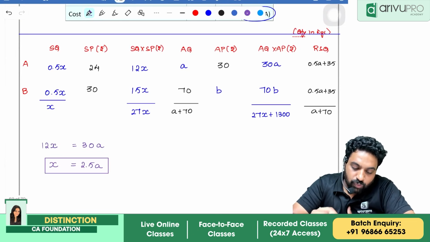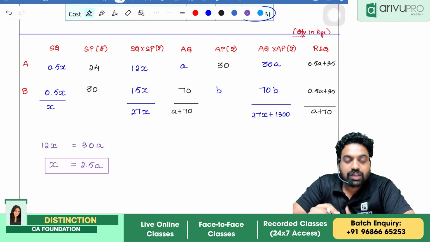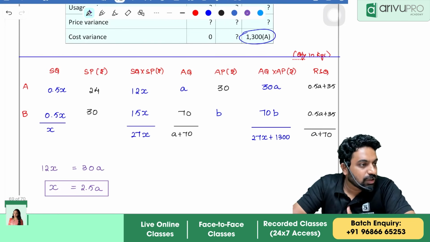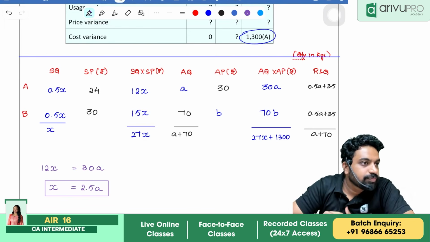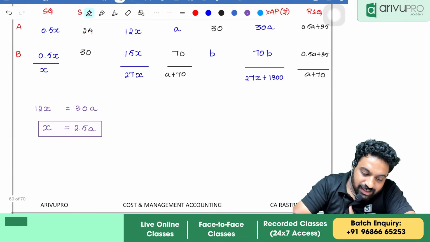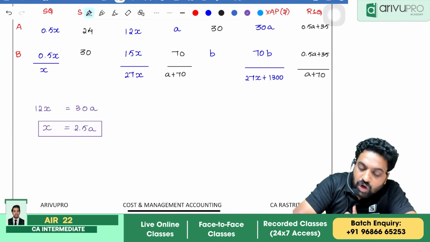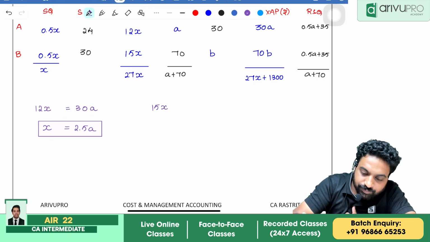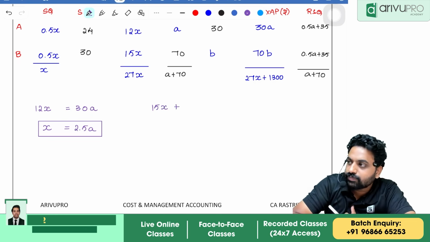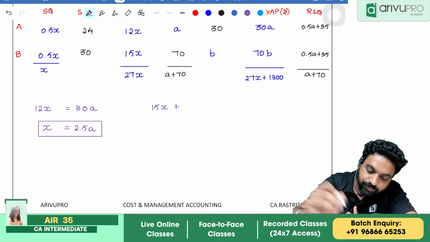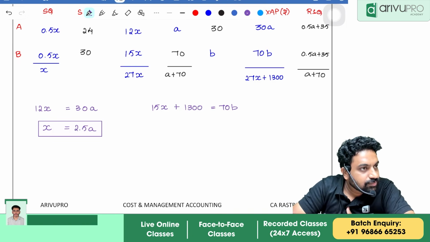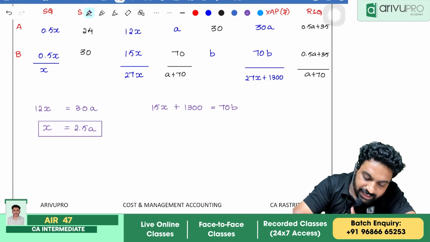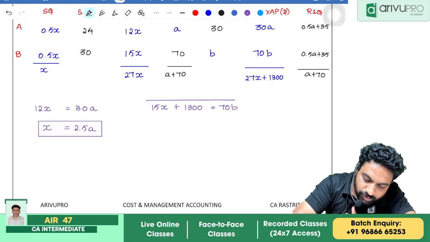Next, one more information given is cost variance is 1300. If that is not from A, if it is 0, everything should be from B only. Then can I say standard cost of B is 15x plus 1300, that will be your actual cost? Can I say this way? Then this is one more equation.